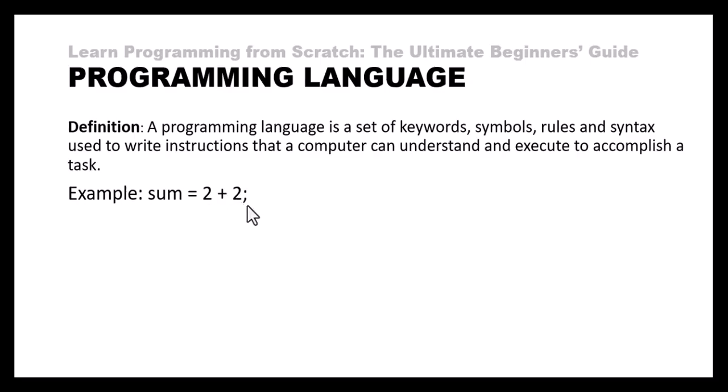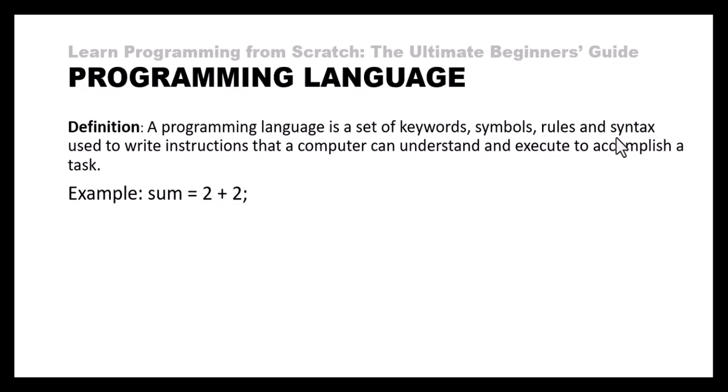That is a rule that the programming language demands that you follow to add two numbers. The way you have arranged these things, the sum is equal to 2 plus 2. This arrangement of words and symbols in such a way that it makes sense to a computer is what you call syntax.